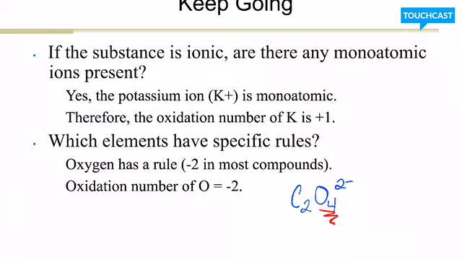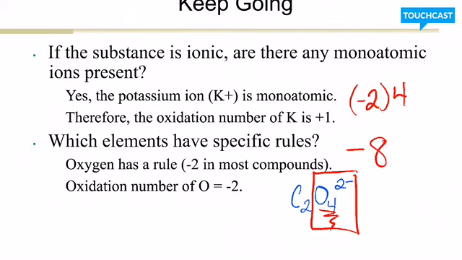Oxygen has to pull a -2 charge. You'll notice that in this one, you have 4 oxygens. So if oxygen is -2 each, and you have 4 of them, these oxygens are pulling an overall -8 charge. So the only one that's left that we have to figure out is carbon.